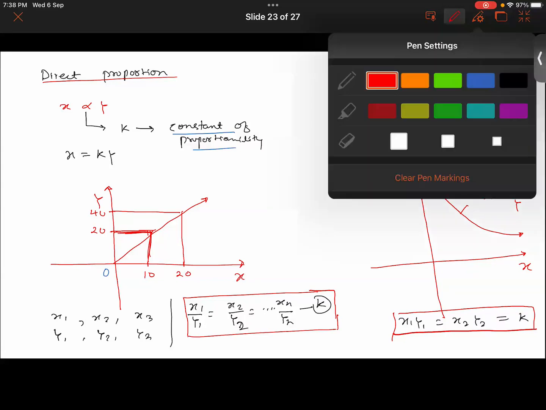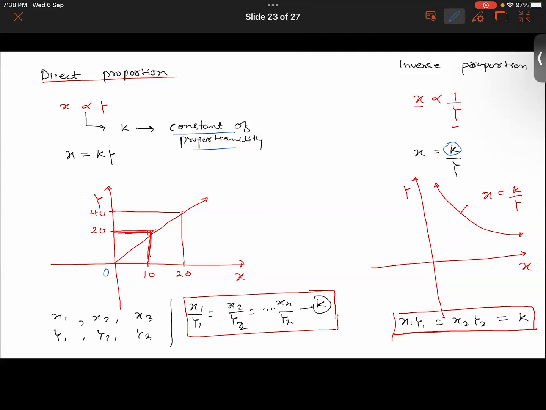Okay. In the previous class, whatever we discussed, I was just revising it. We talked about direct proportion and inverse proportion. I am revising it for you as well. There is a direct relation between x and y in direct proportion. If one quantity increases, the other quantity also increases.